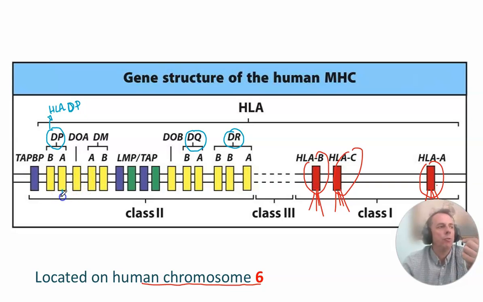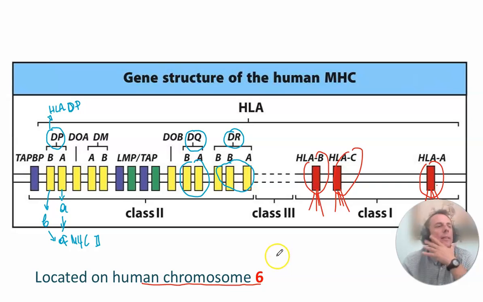One gene codes for the alpha chain of the MHC class 2 molecule, and the other one codes, of course, for the beta chain. This is the same in all 3 different sets.